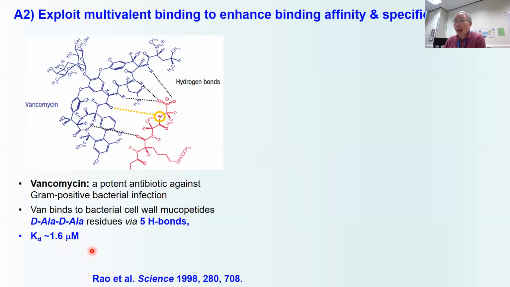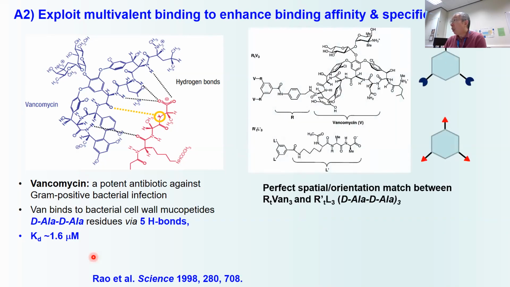The monovalent binding has a KD of about 1.6 micromolar. They then built a scaffold on a benzene ring, with each one linked to three vancomycins. Another, complementary scaffold was also built with benzene rings.